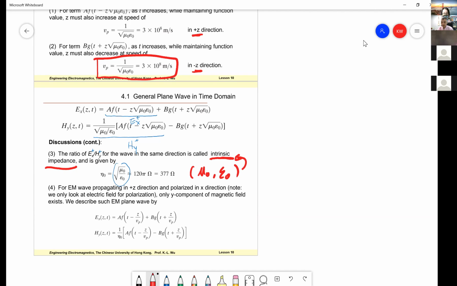And this intrinsic impedance is a constant. That constant is about 120 pi. So this means in free space, when an electromagnetic wave is propagating in the medium, this is the impedance.